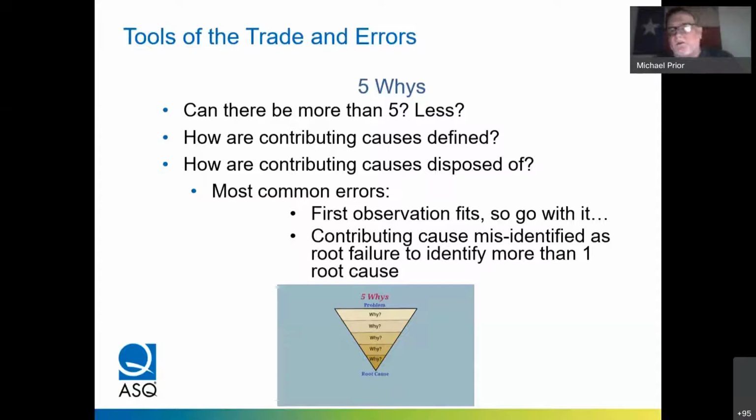Now, most common errors. The first observation fits, so go with it. And that happens a lot. A lot of times you're dealing with 3 different types of organizations that have this. You're looking at an organization that is not up to speed on quality and quality issues and the use of root cause analysis to begin with.